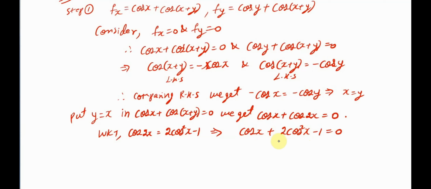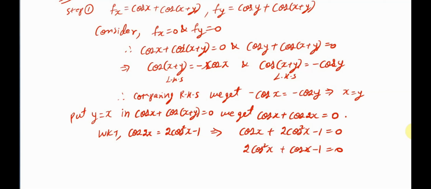Now I will arrange this as 2 cos square x plus cos x minus 1 is equal to 0.